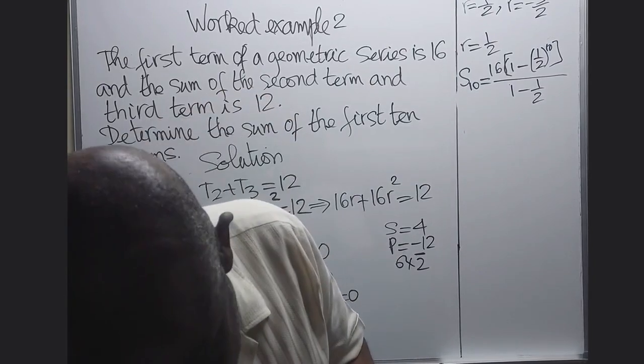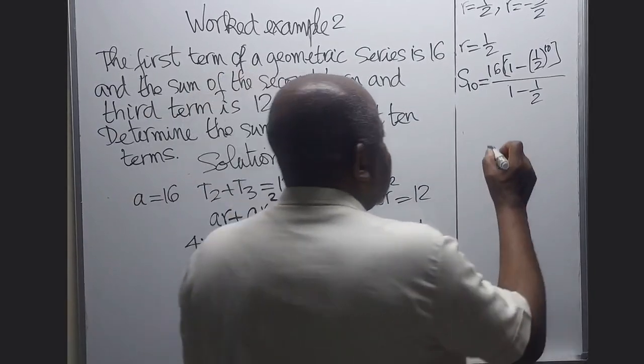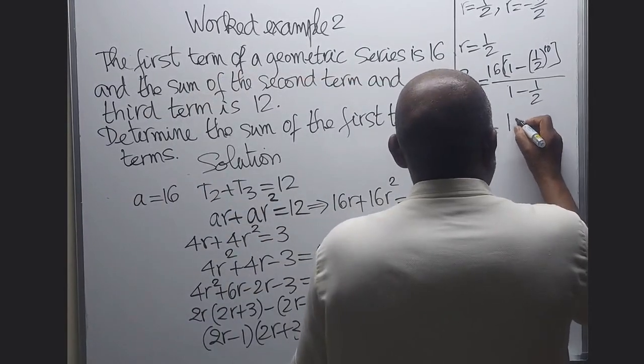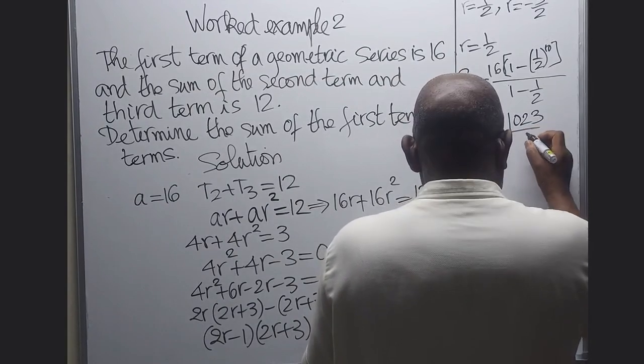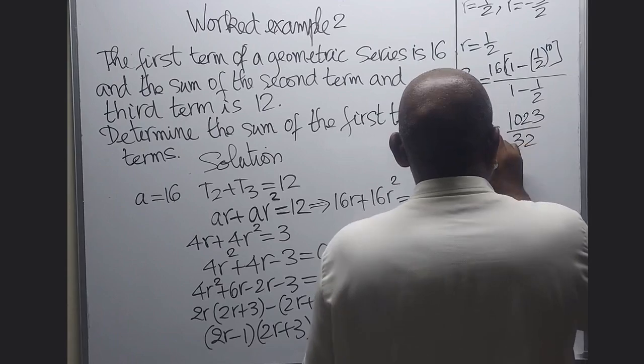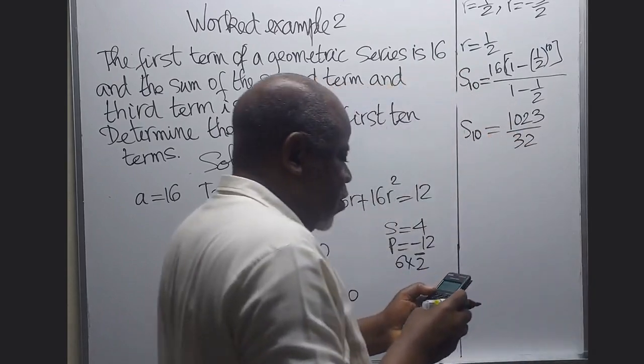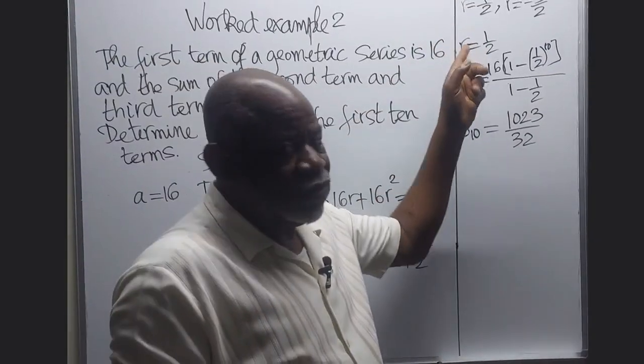So the first answer here is 1023 over 32. This is S10 for r is equal to 1 over 2.